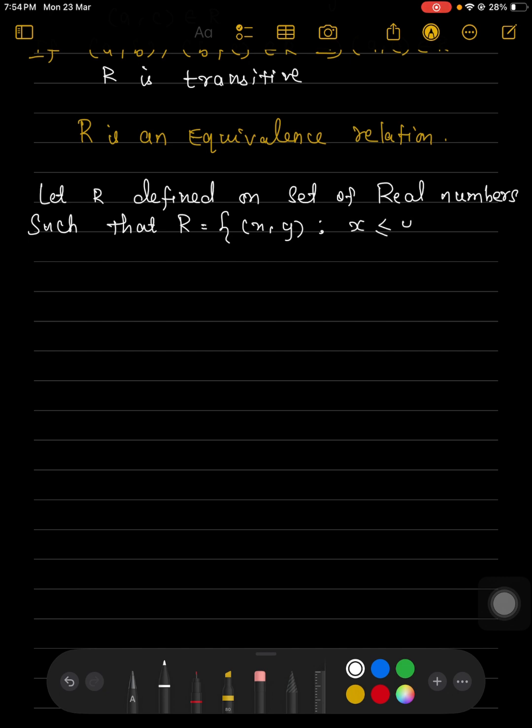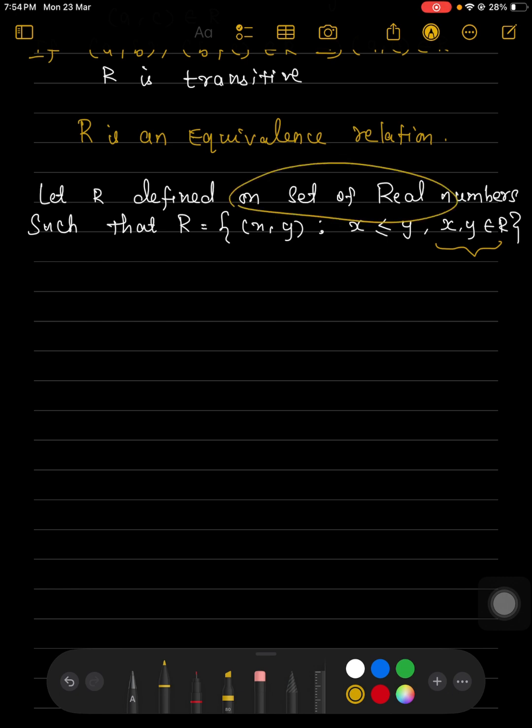Do not expect this condition to always be mentioned, because it is already given in the question that it is on the set of real numbers, so they don't even mention this. In that case, don't get confused because it is already given in the question.